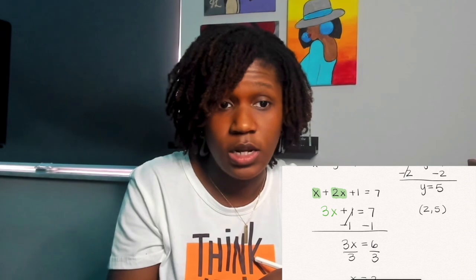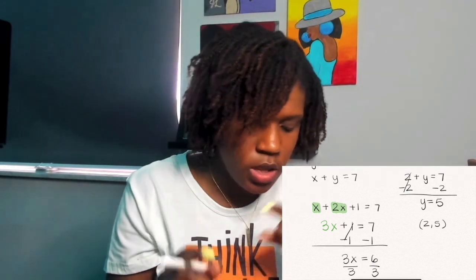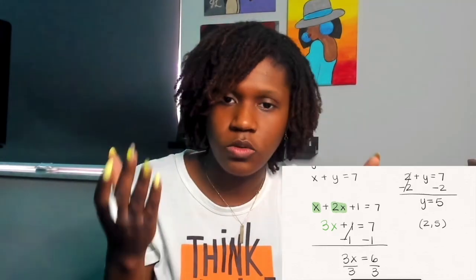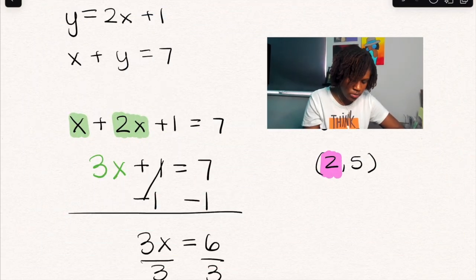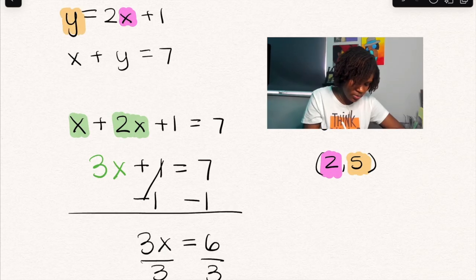But before we submit that as our final answer, we want to double check that we've done it correctly. So let's plug it into the first equation and see if both sides are balanced. So remember, this is my x, and this is my y. So I'm going to plug the 2 in wherever I see x, and the 5 in wherever I see y.